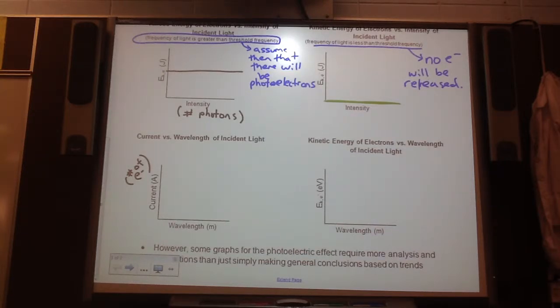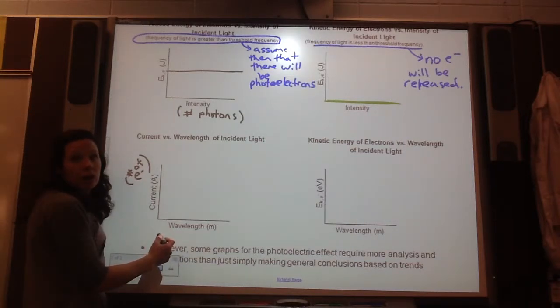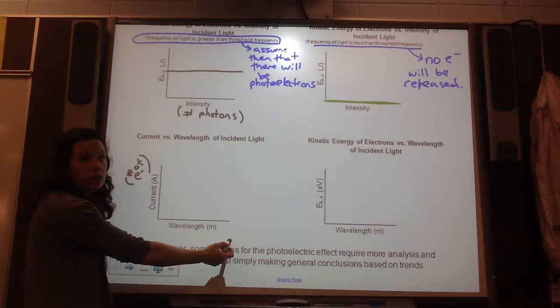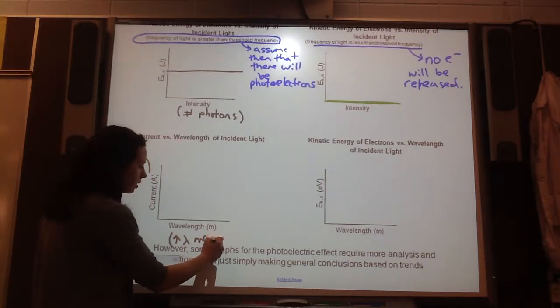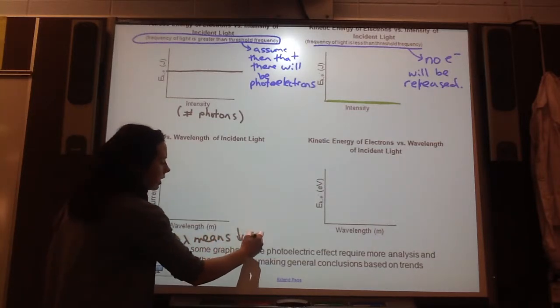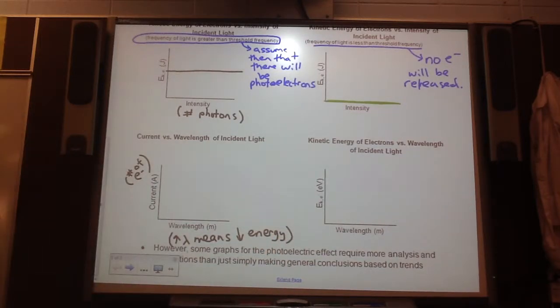It gets smaller. So if we say in our graph wavelength is increasing, that means a decrease in energy. If you're doing a test where you have to manipulate or understand graphs, take those variables, those axes, and put them into context so you can think about it logically.